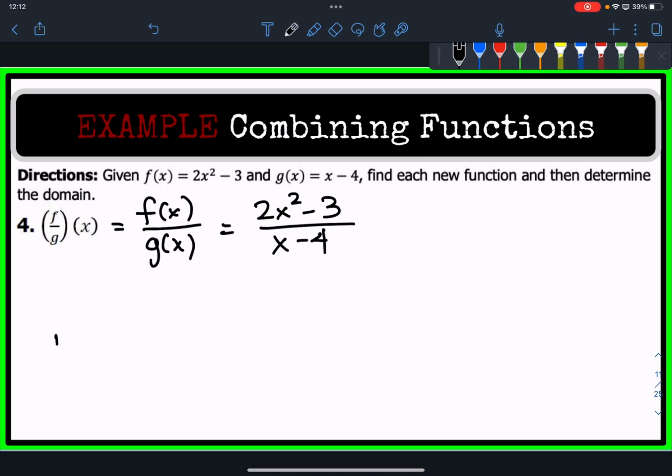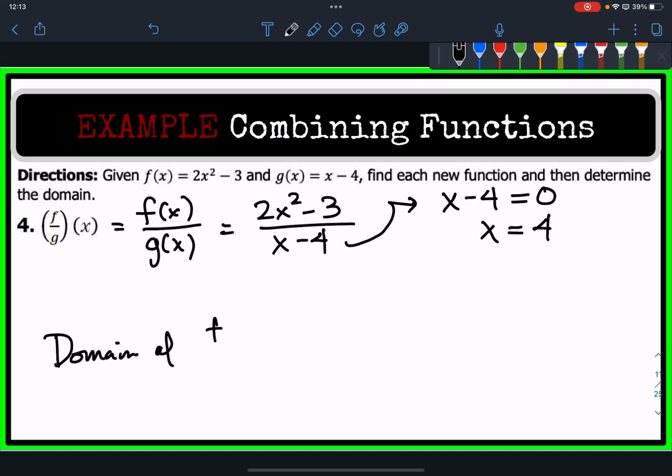Now, for the domain of this thing, I have to look at my denominator and exclude any number of x that will make x minus 4 equal to 0. So here, by adding 4 to both sides, I find that x equals positive 4. So that's the number I'm going to exclude for the domain of f over g of x.